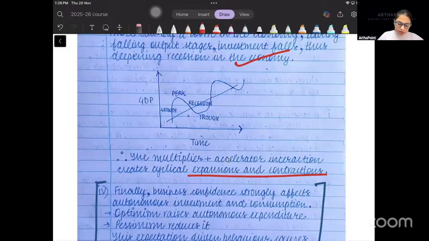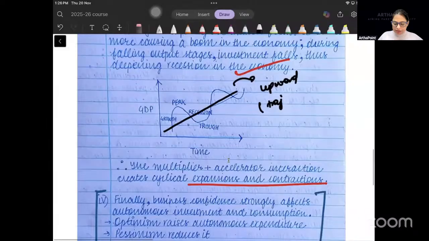So if you look here, this is a business cycle, but the trajectory of this economy in the long run is upward. GDP is increasing, right? So this is a trajectory. This is a trend, long run.